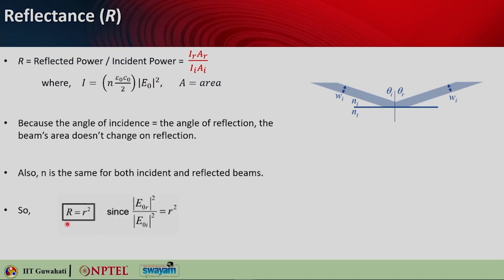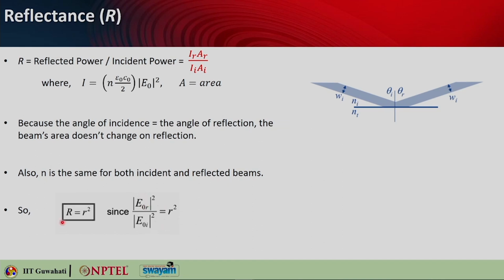So reflectance R will simply be E0R whole square over E0I whole square, and the ratio of the electric field is basically small r. When you take the square, it is r square.